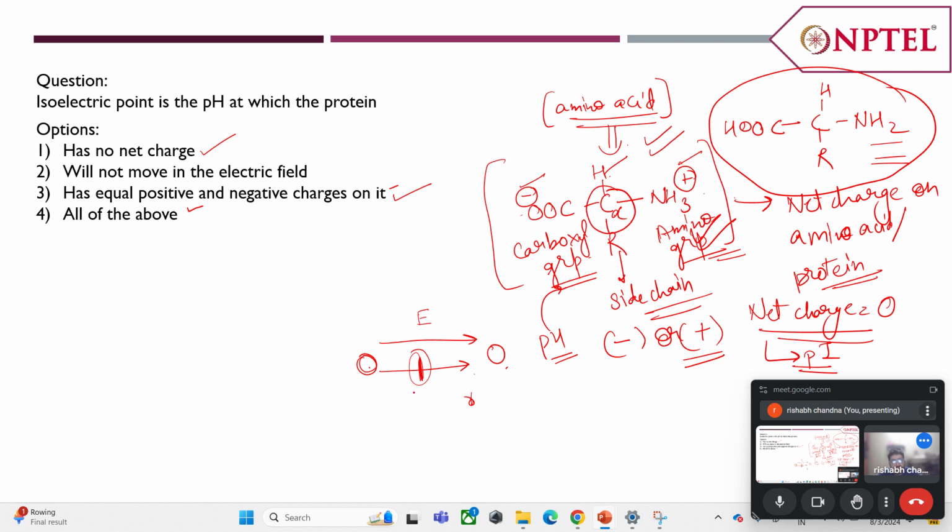At that point it will not move towards either of the electrodes, neither to the cathode nor to the anode. So at that point it will form a band.